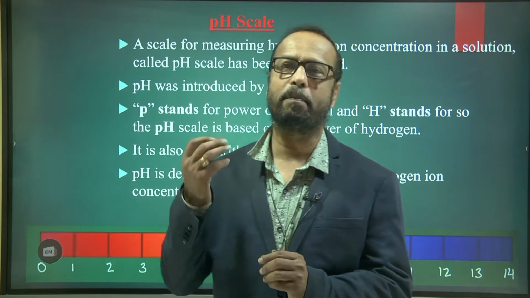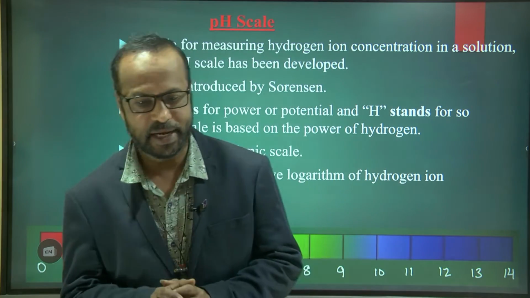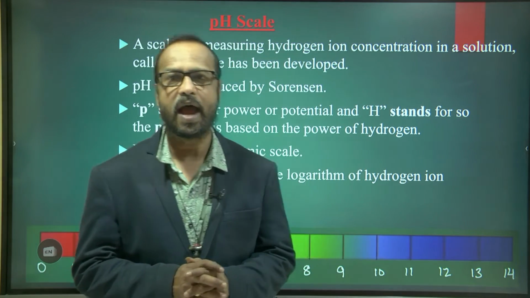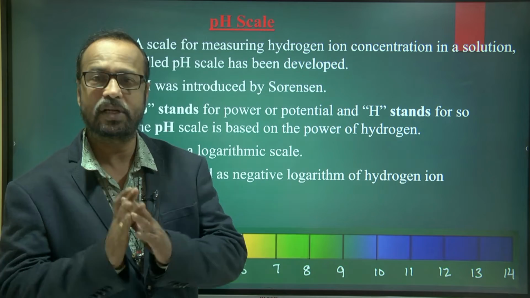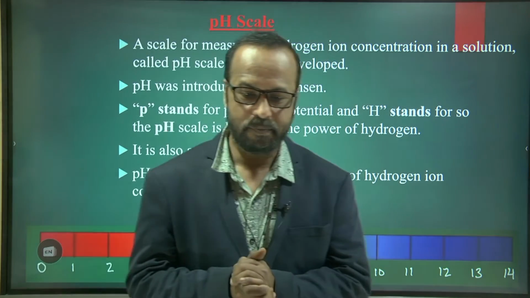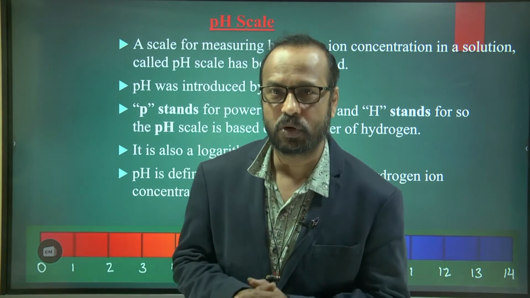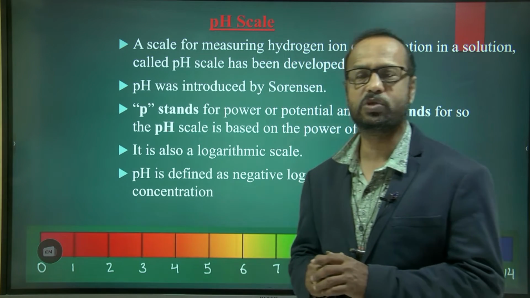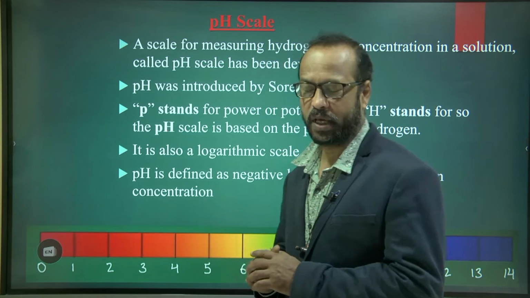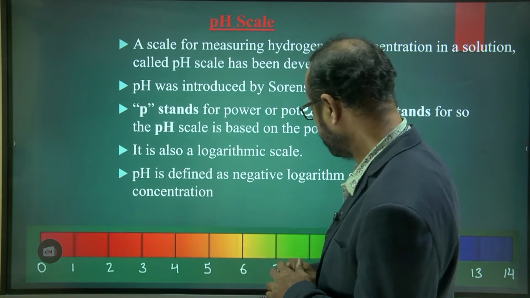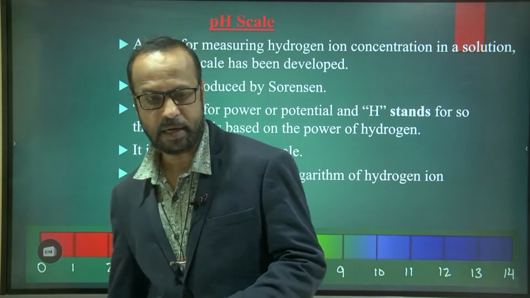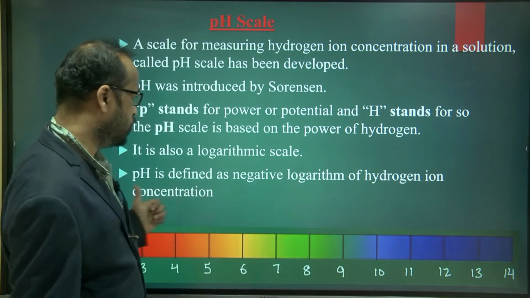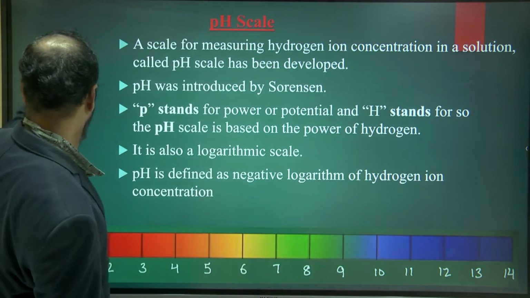P stands for power and H stands for hydrogen ion concentration. It is actually a logarithmic scale that we will discuss later. And pH value ranges from 0 to 14.